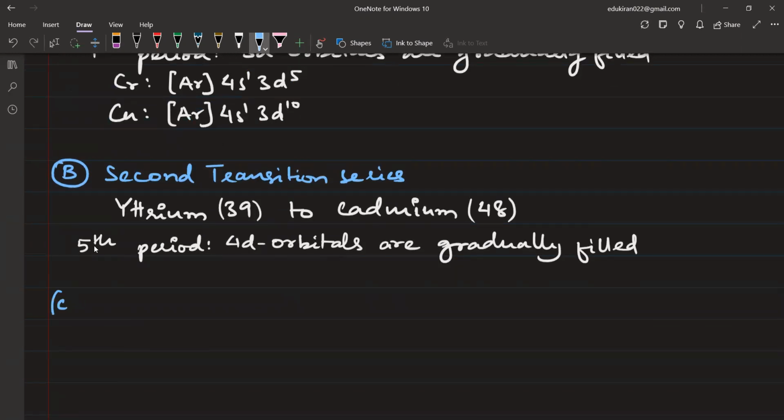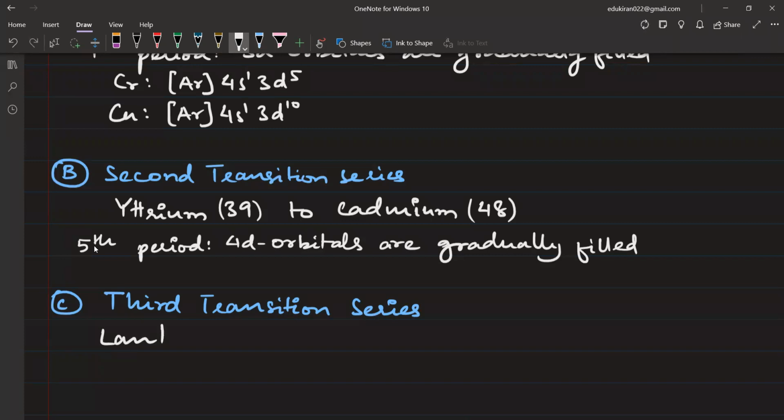Then write the C part, third transition series. Now in the third transition series, we start with lanthanum, which is 57, to hafnium, hafnium is 72.